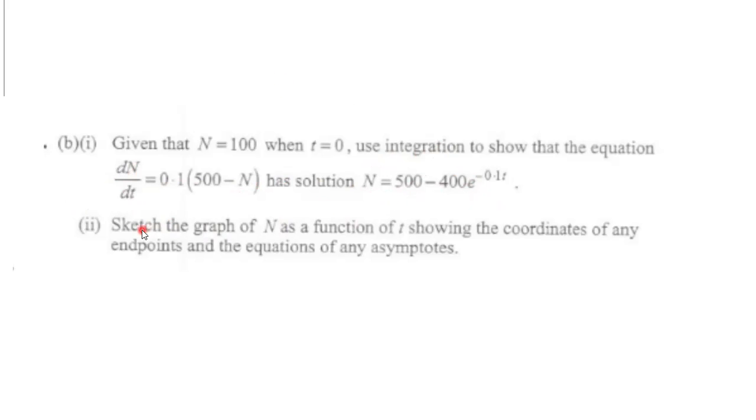And once we do that, the next thing is just sketch it, which should be quite okay because it's really just an exponential function. What we know is that they've given you all the information. We know at t equals 0, N equals 100.